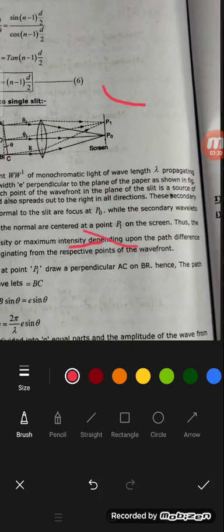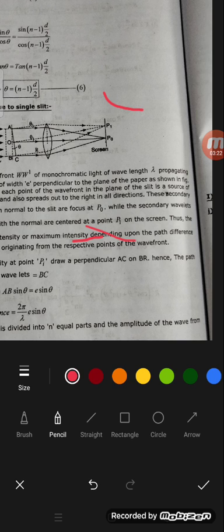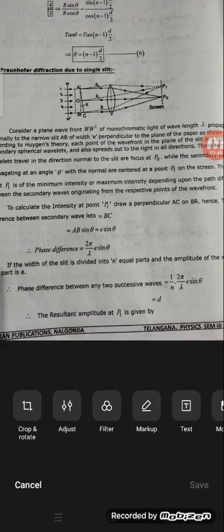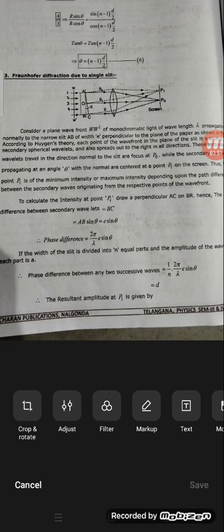As the wavefront passes through the slit AB, the secondary wavelets form at P naught, and the wavelets making the angle theta will form at P1. So this is the case of using a single slit to find the Fraunhofer diffraction.